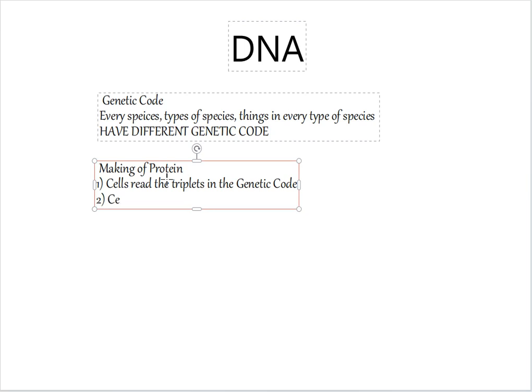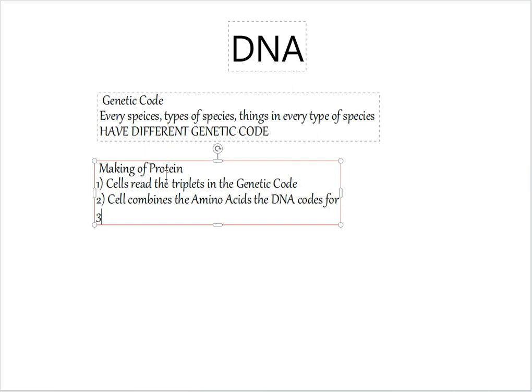The cell combines the amino acids, and what happens is the DNA codes for the amino acids, which finally combine to make protein.